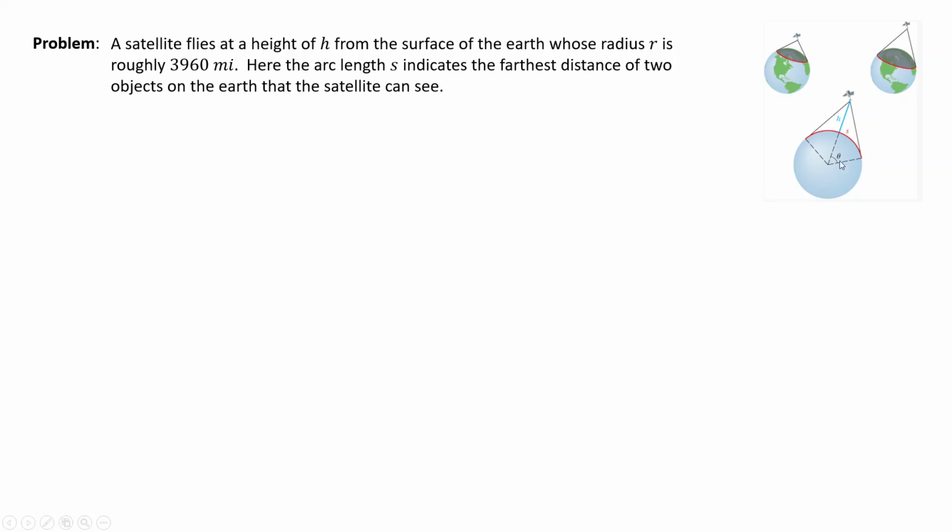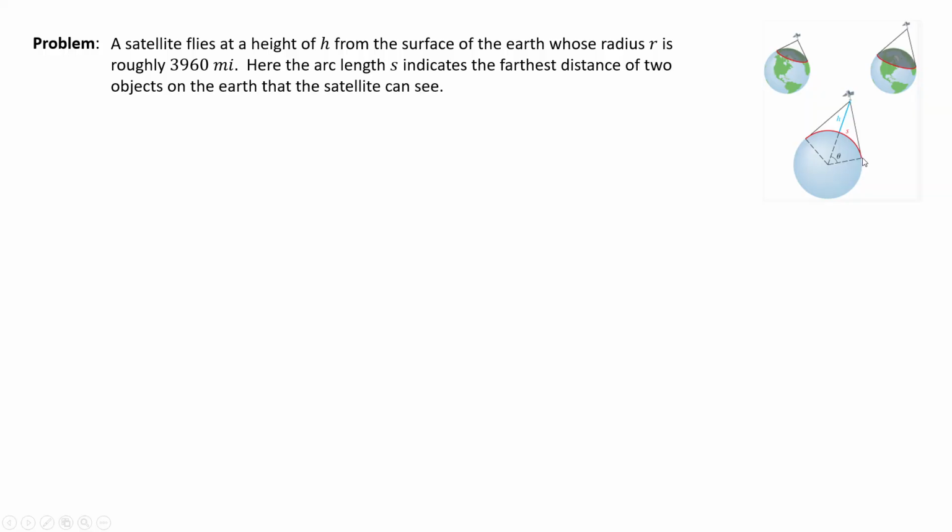Something else: if you look at this arc length, that whole thing is s. What's the significance of this arc length s? Well, if there is one city over here, the satellite can see that city, especially if it is night and the lights are on.